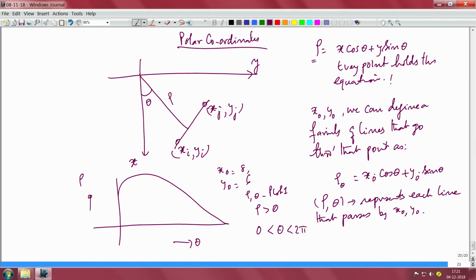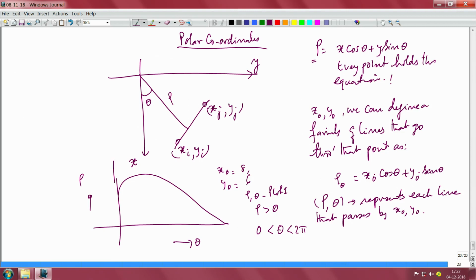Now you go on giving different values of x naught and y naught, then you will start getting a family of curves. All of them will be intersecting somewhere or the other.